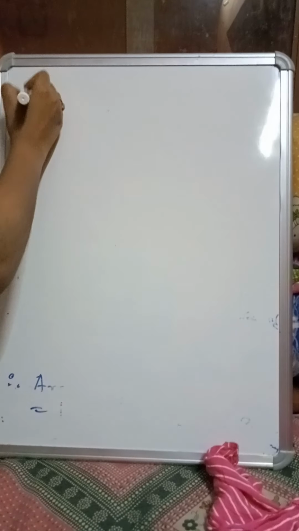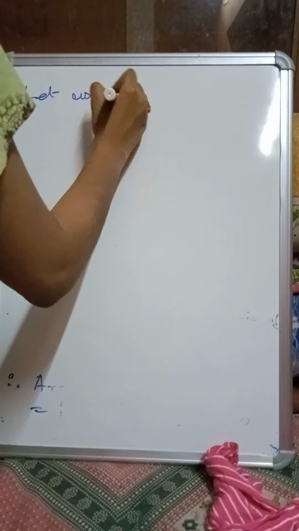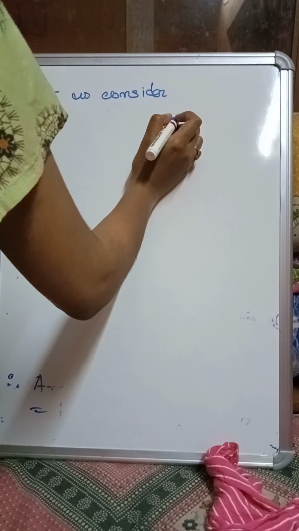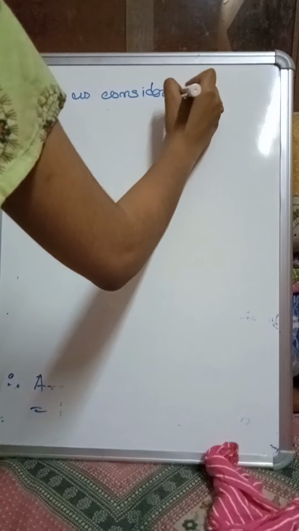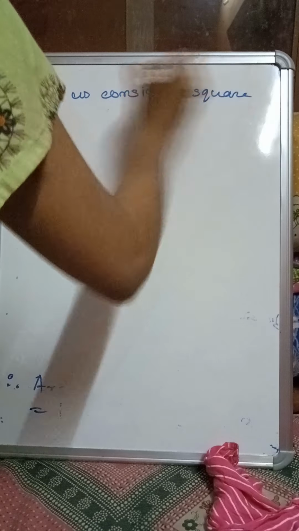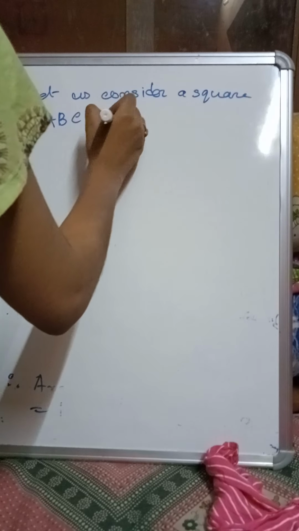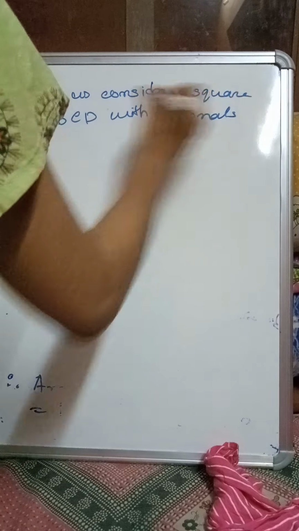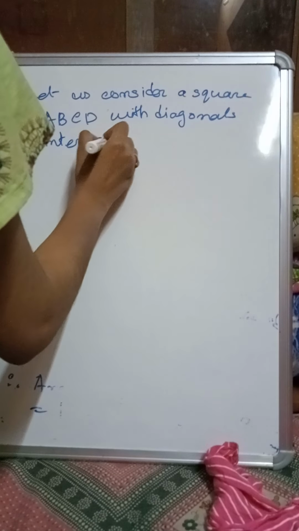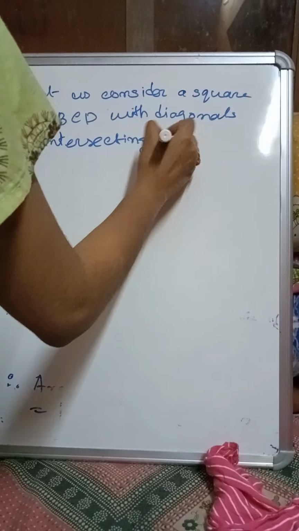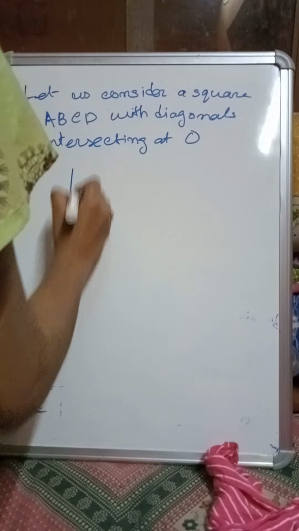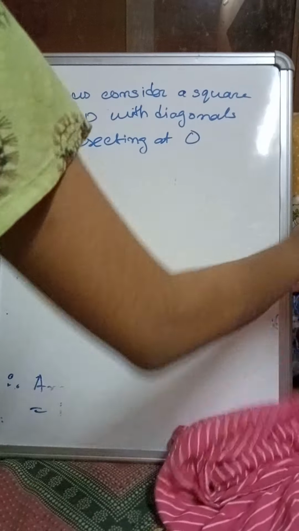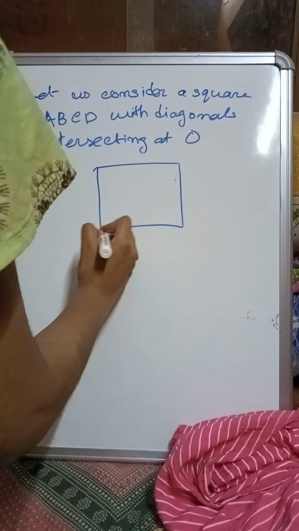Okay. So let us consider a square ABCD with diagonals intersecting at O. Okay, so if it is so, this is a square.